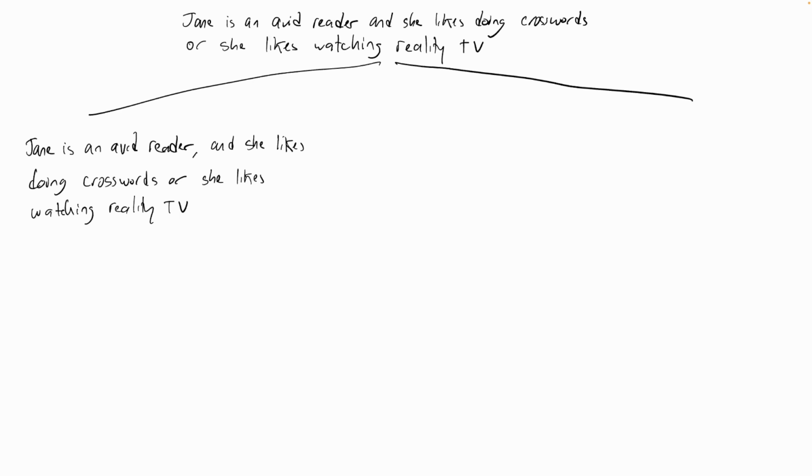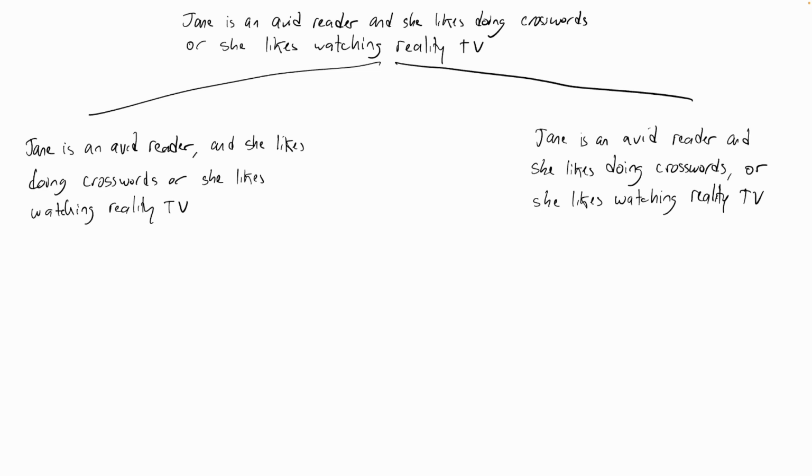Instead, it presents two options. One is that Jane is an avid reader who likes doing crosswords, and the other is that Jane likes watching reality TV, and it says that one or the other of those two options holds. So there is what logicians would call a scope ambiguity in the original sentence.